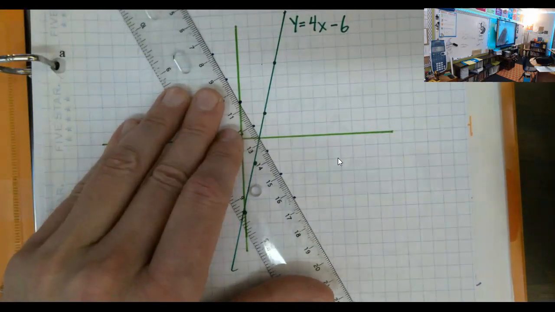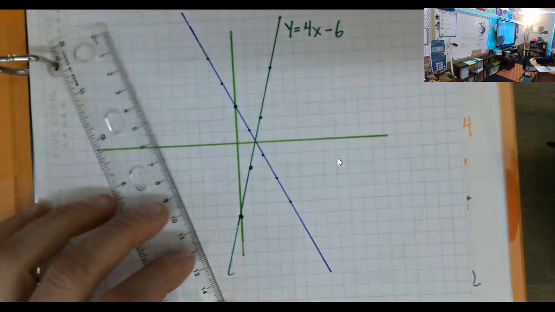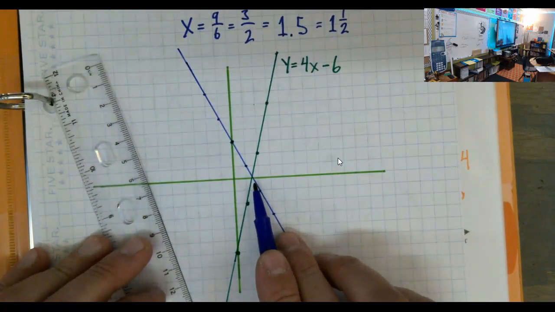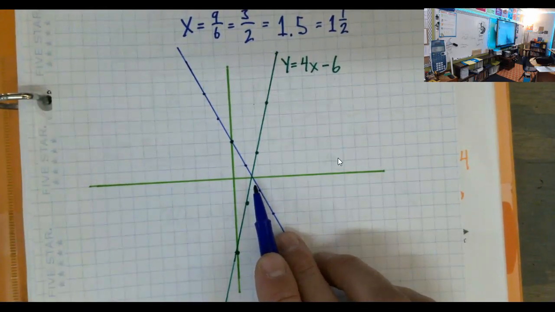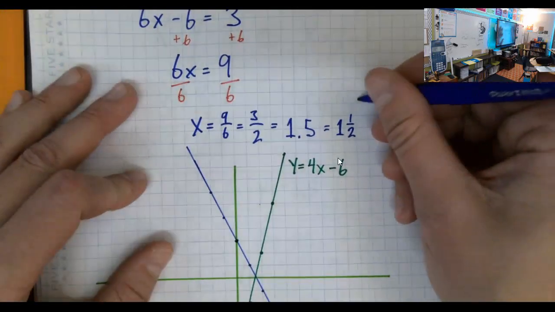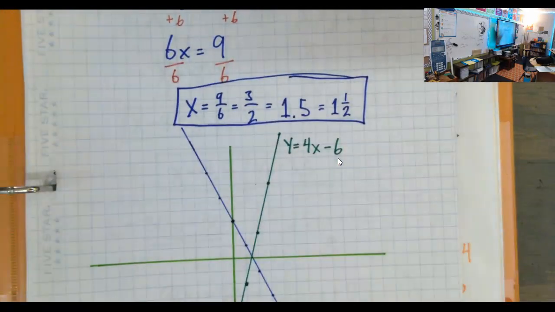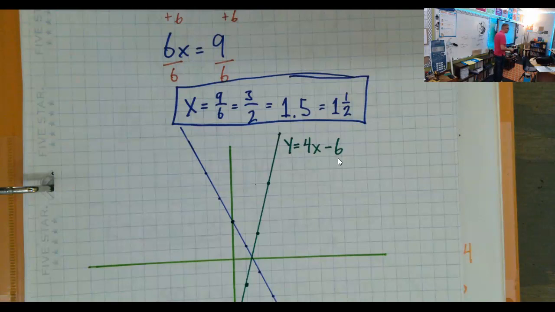And where do our lines intersect? At what? Nope. What, Ahmad? Guys, we already figured out where the lines should intersect. Our algebraic solution told us our lines should cross where x equals 1.5.